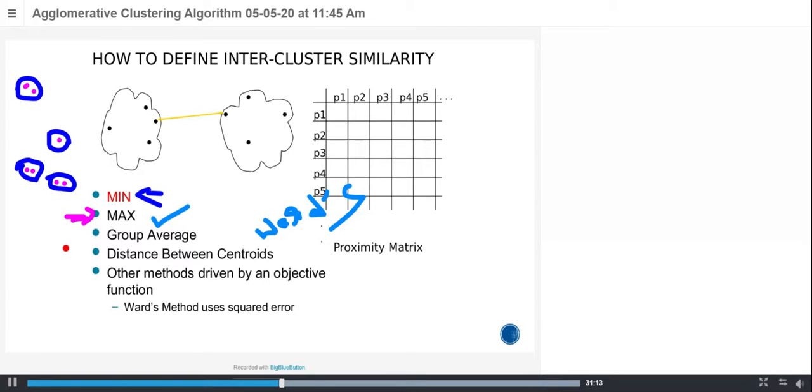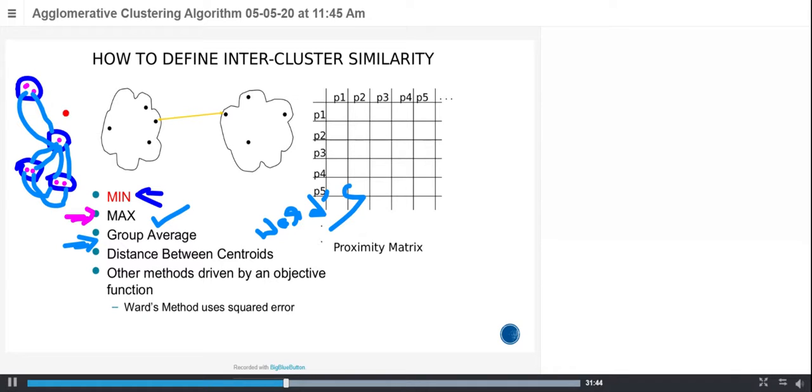Next thing is group average. Here you do not consider only the closest point or only the farthest point. You will consider the distance between each point with each other point of the different cluster. That is, you will consider this distance also, this distance also, like that. You are going to apply Euclidean distance calculations for these distances.